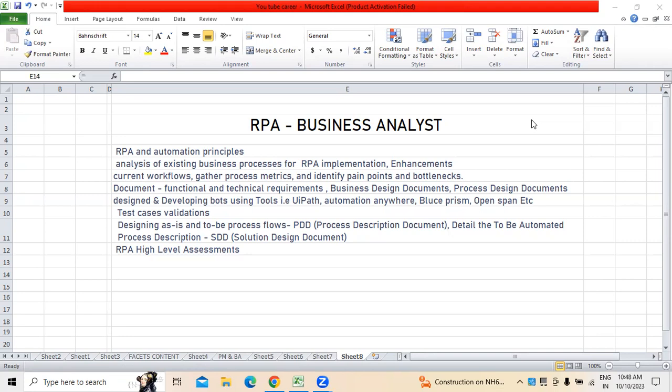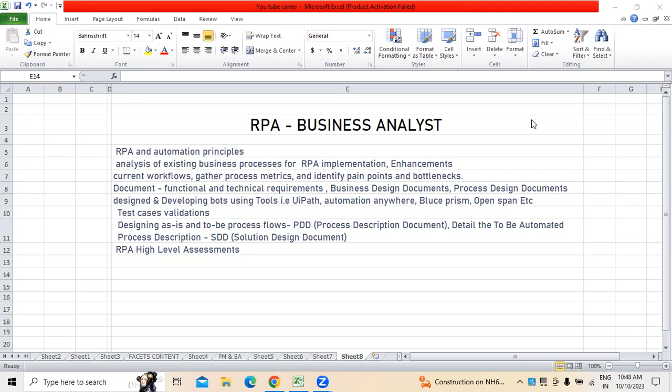Before getting into this, let me explain what exactly RPA stands for. RPA is robotic process automation, which is majorly used to automate processes, because in the regular activities we do in any business, multiple applications and multiple people are involved, with human intervention.